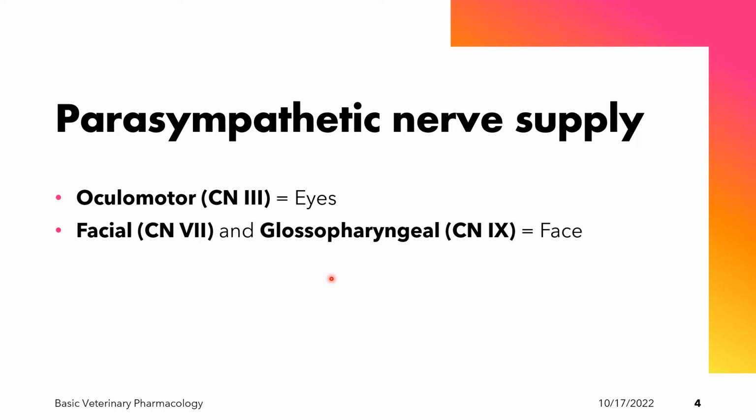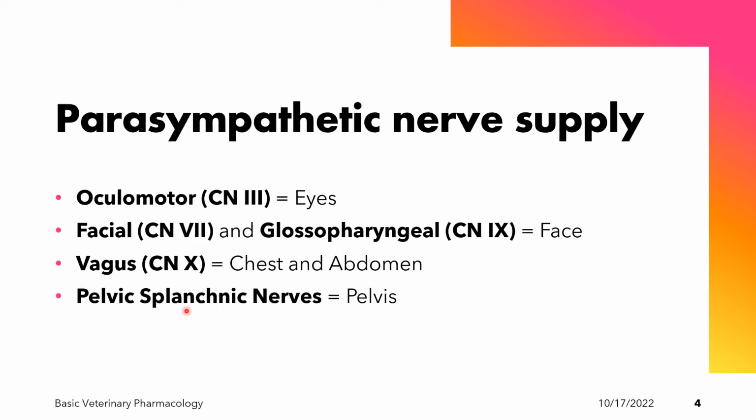The facial nerve, cranial nerve number 7, and the cranial nerve number 9 or the glossopharyngeal nerve, which innervate the face, particularly the glands of the face. We also have the vagus nerve, which innervates the viscera in the chest and the abdomen, and the pelvic splanchnic nerves, which innervate the organs in the pelvis.